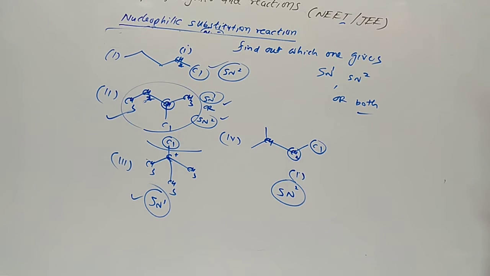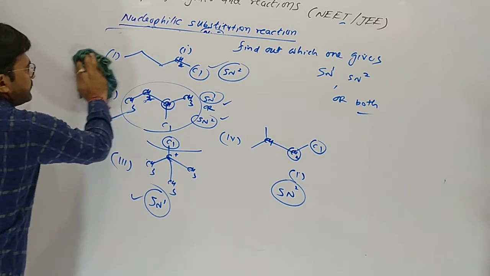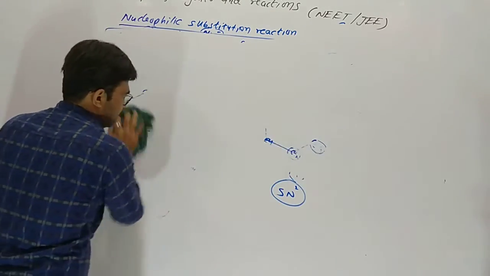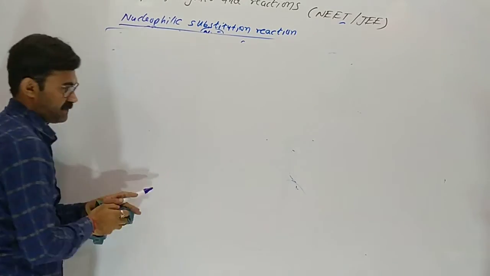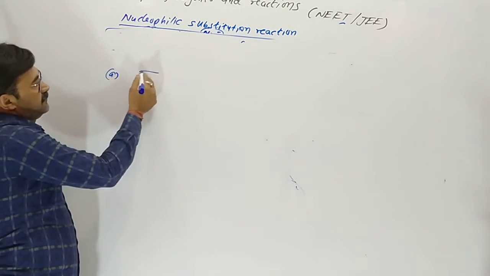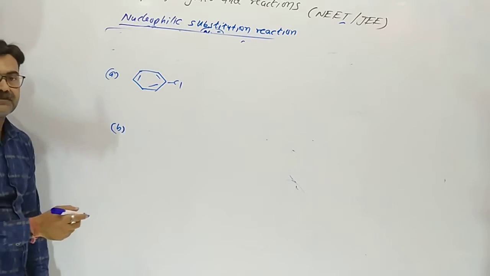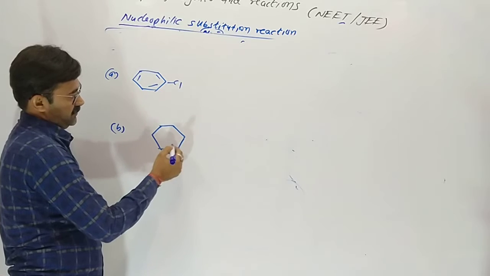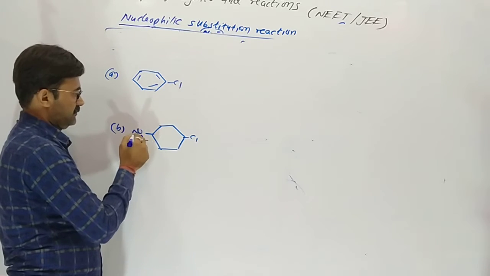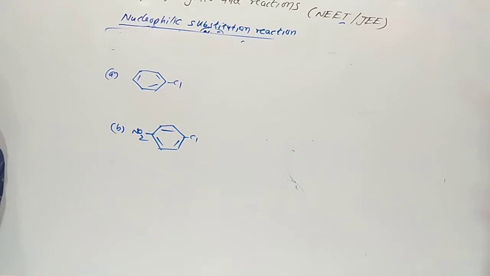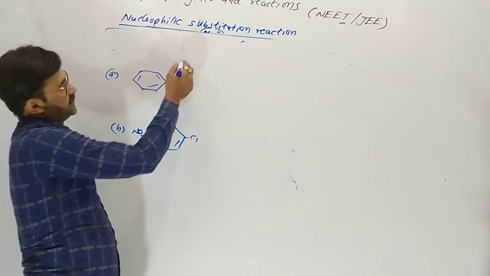Now, second question. In which case is the reaction faster? Chlorobenzene and para-nitrochlorobenzene. Tell me. Which reaction?